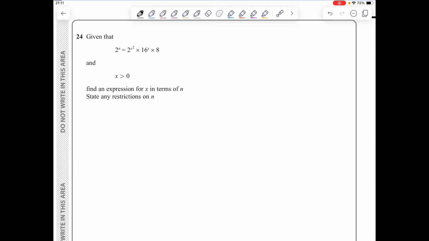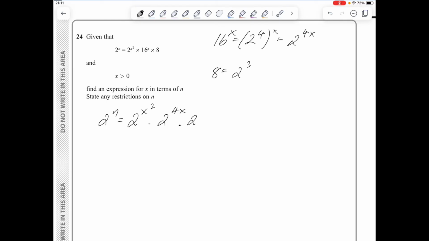For question 24, I'll start by writing everything as powers of 2. So 16 to the power of x will become 2 to the 4 to the power of x, so that's 2 to the 4x. 8 is equal to 2 to the power of 3. So if I replace those numbers into the equation, I'll get 2 to the n equals 2 to the x squared times 2 to the 4x times 2 to the 3.